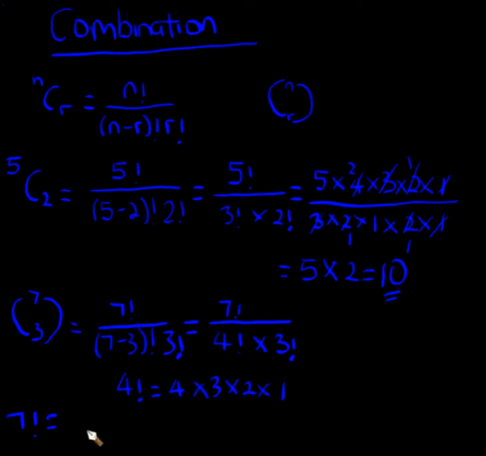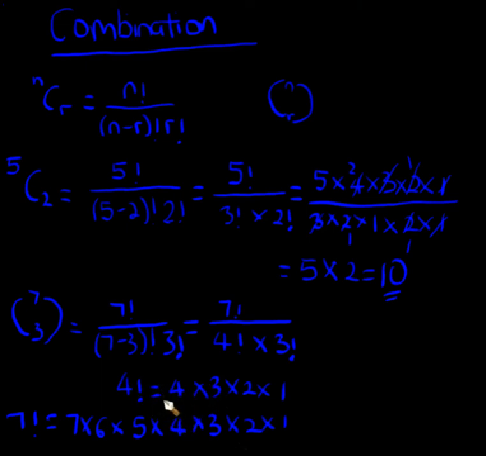I'm a bit ahead of myself right there. So 7 times 6 times 5 times 4 times 3 times 2 times 1, right? This would be 7 factorial, and this at the top here would be 4 factorial.